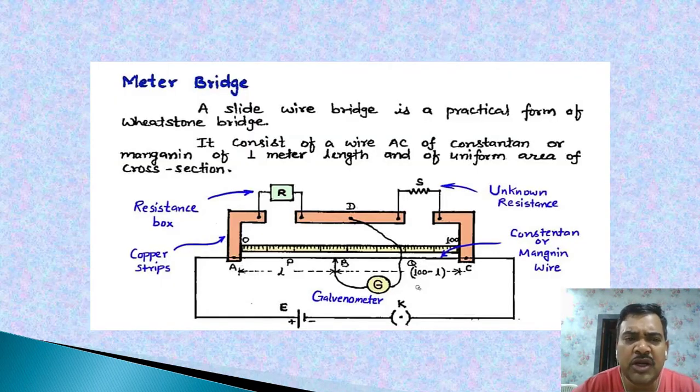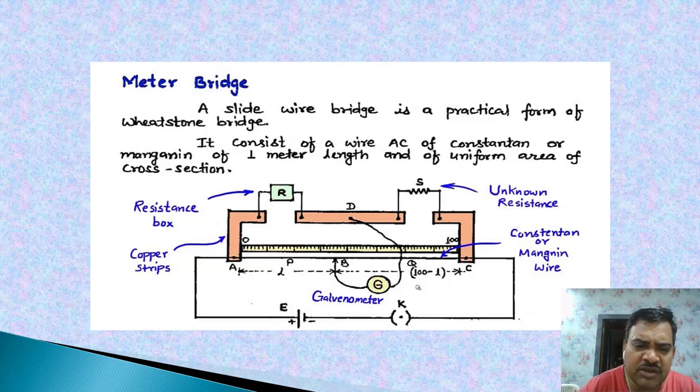Now a very important application is the meter bridge. A slide wire bridge is a practical form of a Wheatstone bridge. It consists of a wire AC of constantan or manganin of 1 meter length and of uniform area of cross section.